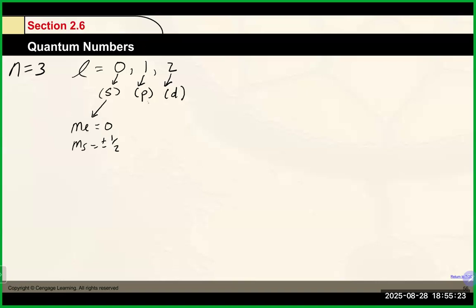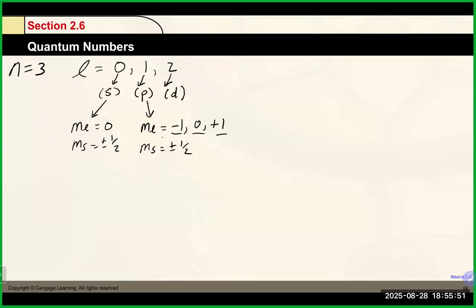For our p, just like we did on the previous slide, we could have an M sub L of -1 to 0 to +1, which again tells us on the third energy level, we have p orbitals present. We have our 3 p orbitals, px, py, and pz present here based on our M sub L. And each of those orbitals can have an electron that's either pointing upwards or downwards, or spinning up or spinning down.